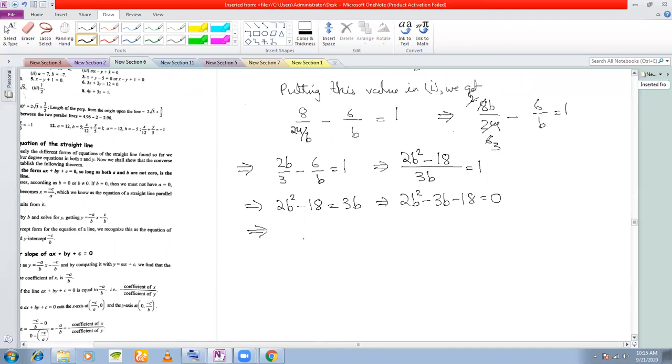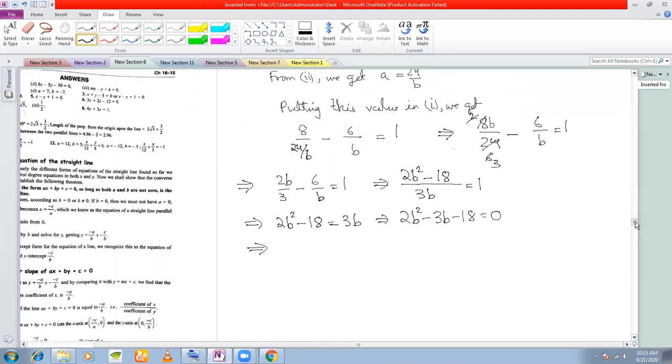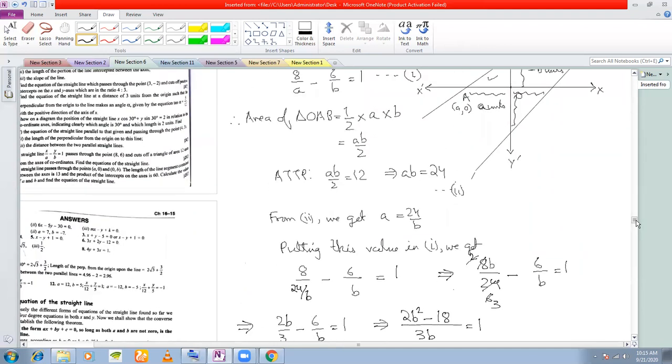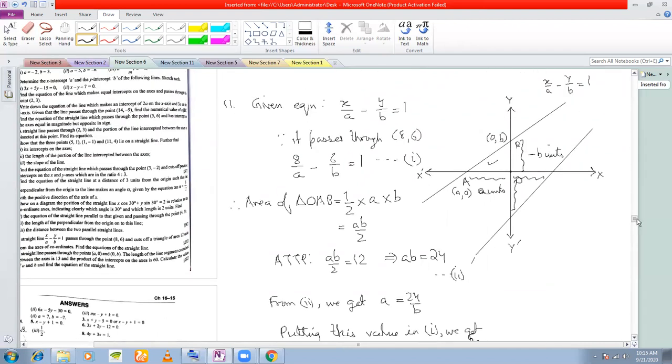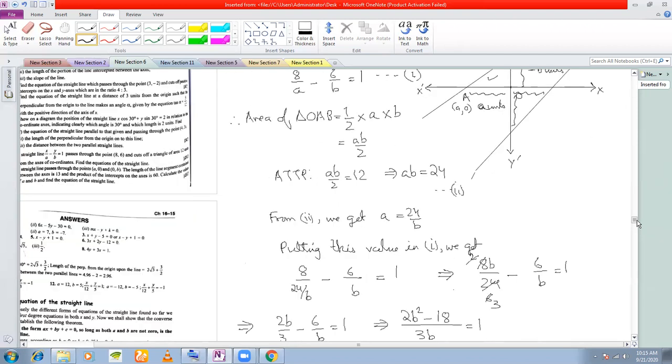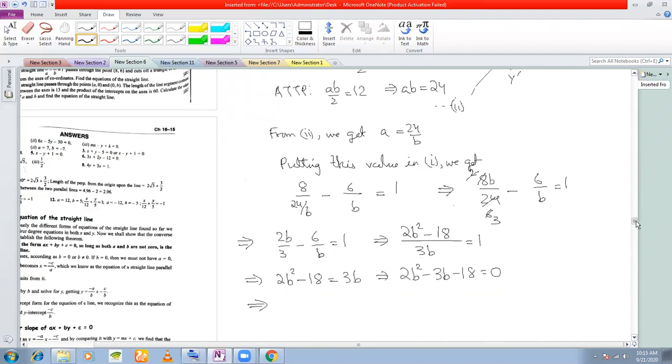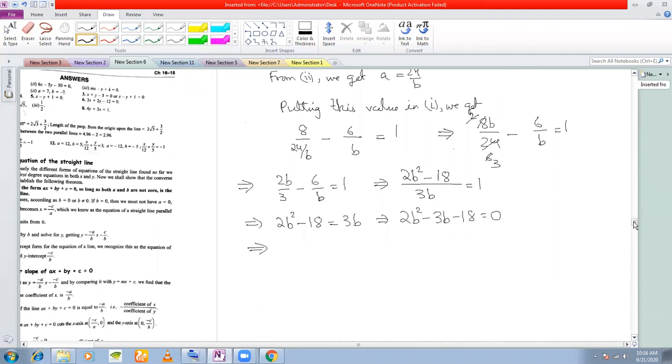What will give you minus 3? 18 into 2, what two factors? 4 into 9 will not give you, 9 into 4 will also not give you, 12 into 3 will also not give you.